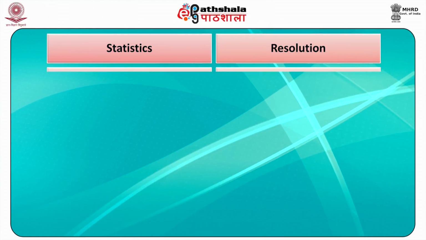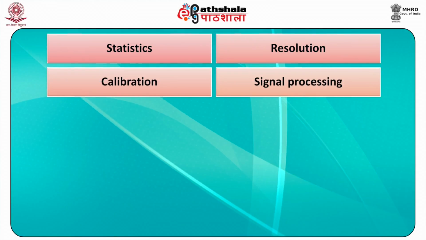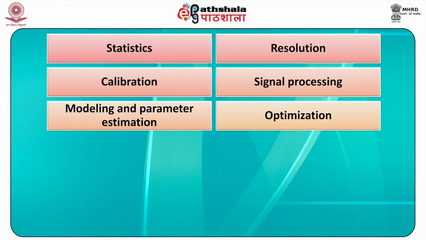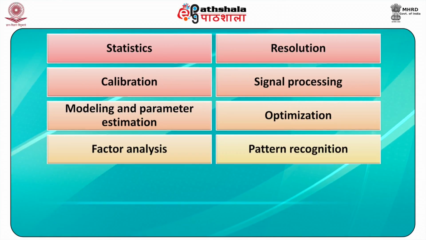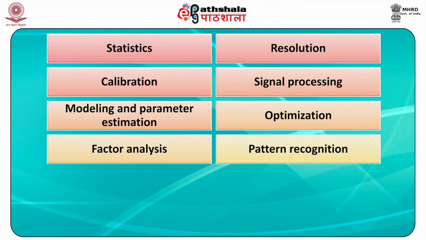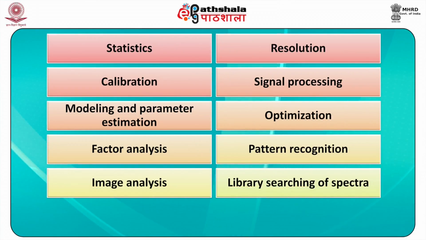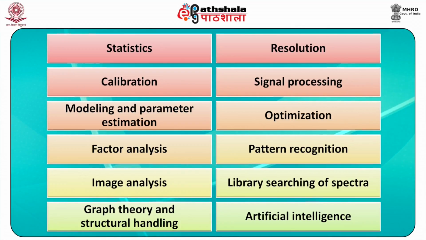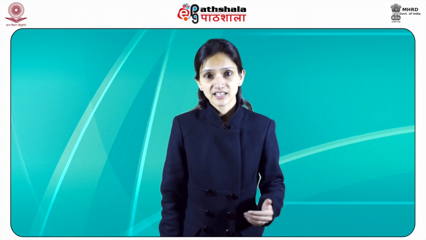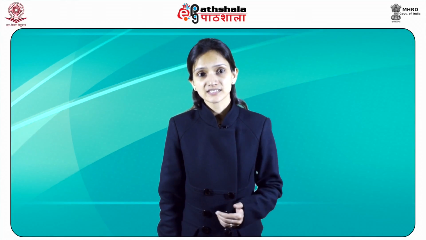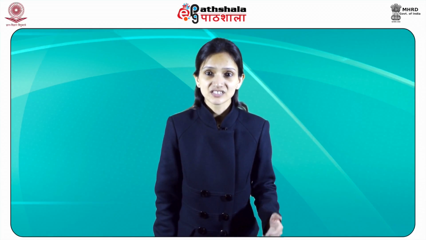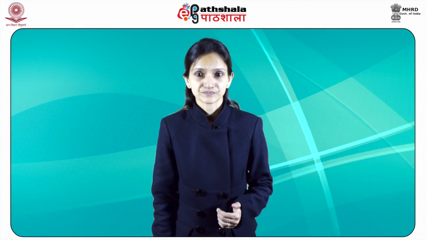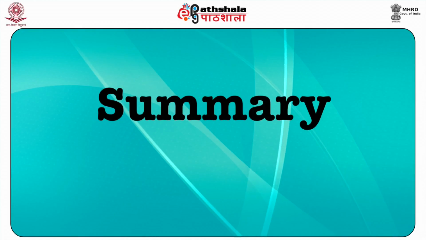Major subdivisions of chemometrics are statistics, resolution, calibration, signal processing, modeling and parameter estimation, optimization, factor analysis, pattern recognition, image analysis, library searching of spectra, graph theory and structural handling, and artificial intelligence. Topics in this area are assuming increased importance as computer software becomes the critical interface between instruments and the resulting chemical information. We'll end this module with a summary.